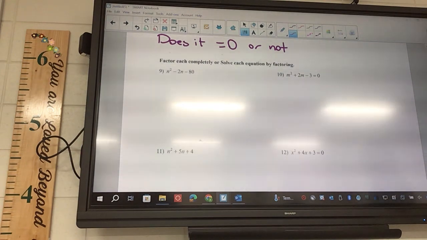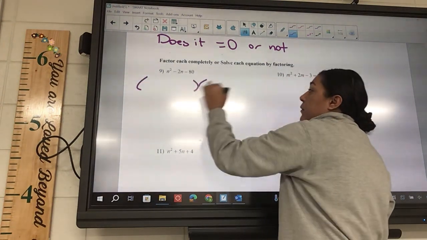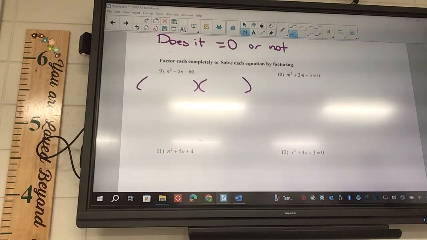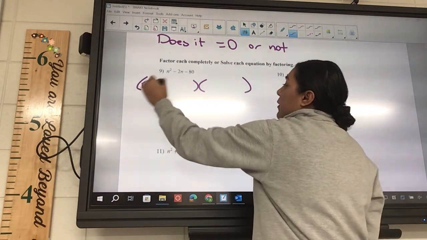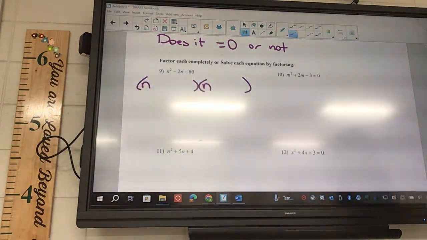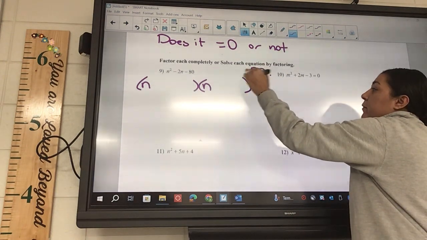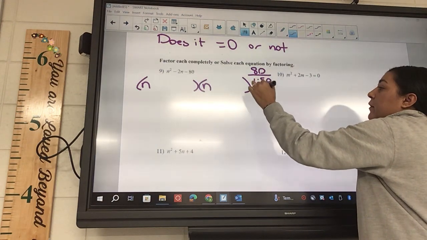Okay, number 9, we're going to start off by drawing 2 parentheses. Put n and n. Then we're going to make a list of factors of 80. What's the very first one? 1 and 80. Then 2 and 40.